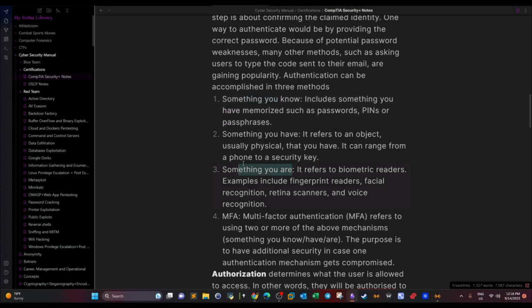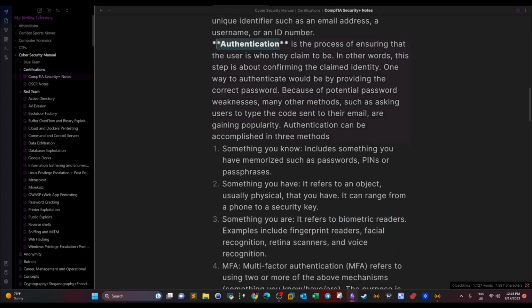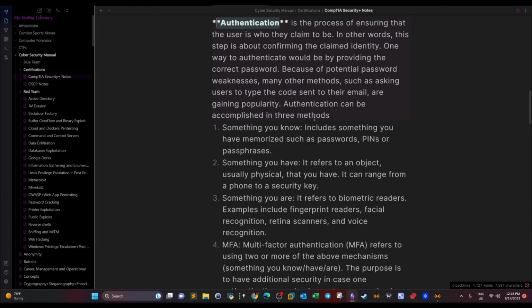Here we prove your identity through biometric readers, such as fingerprint readers and facial recognition. They are widely used now in cell phones. So the authentication phase can be achieved through three different aspects: either something you know, a password; something you have, a physical key or physical object; or something you are, through biometric recognition.